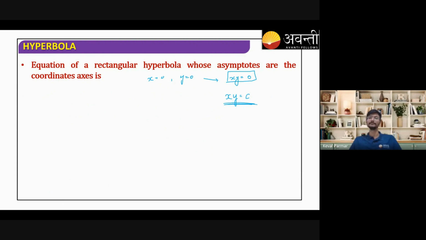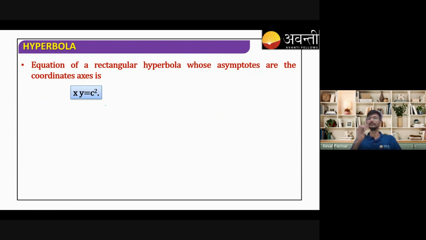So this is the equation of the rectangular hyperbola whose asymptotes are the coordinate axes. I hope you got it. So it is xy equals c square.